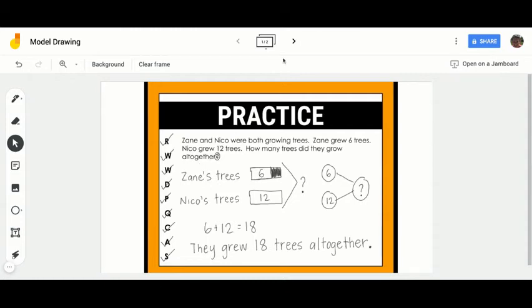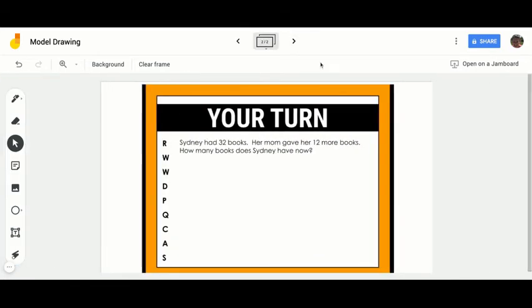You ready to move on to another one? This one you're going to do with me. So go ahead and grab your piece of paper, grab a pencil, and I want you to write the steps going down the side of your paper so you can check them off with me as we go.